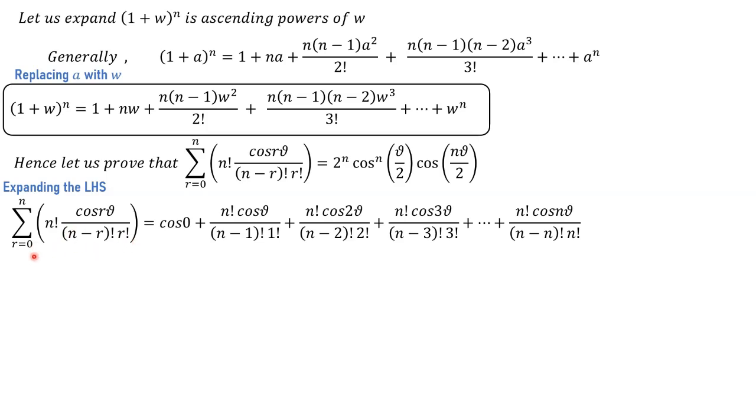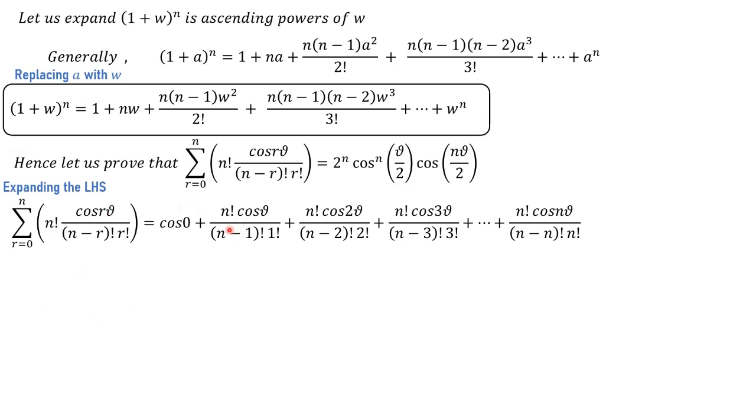So when r equals 0, we are going to have cos 0, then n factorial, divided by 0 factorial times n minus 0, which gives n factorial. This n factorial cancels with this n factorial, and 0 factorial corresponds to 1. So at this level we have cos 0 as the term when r equals 0.